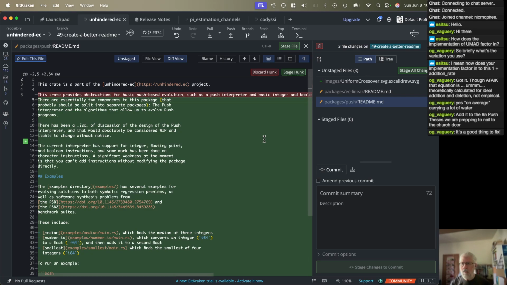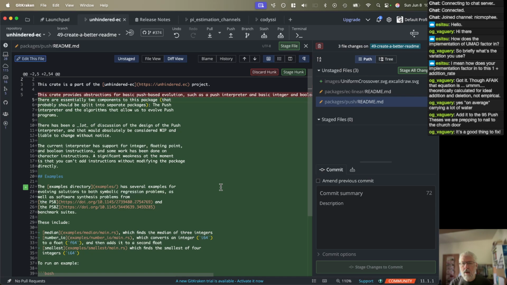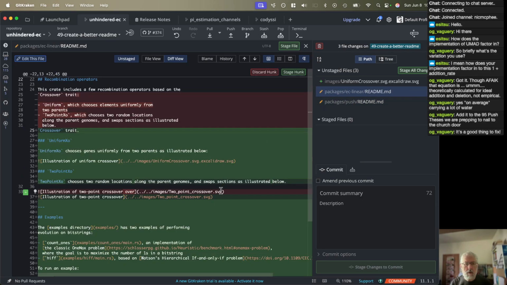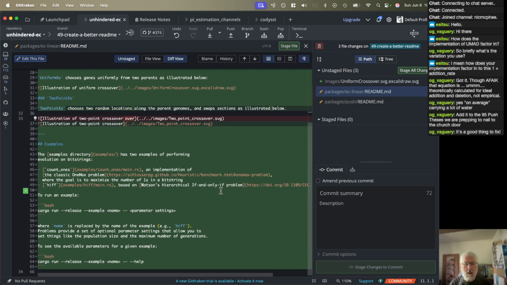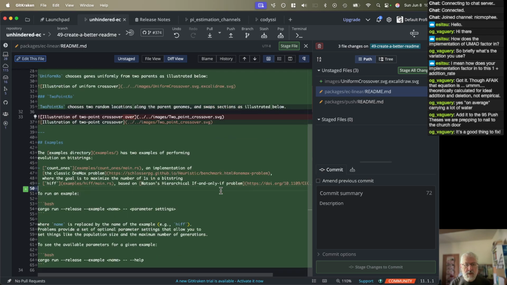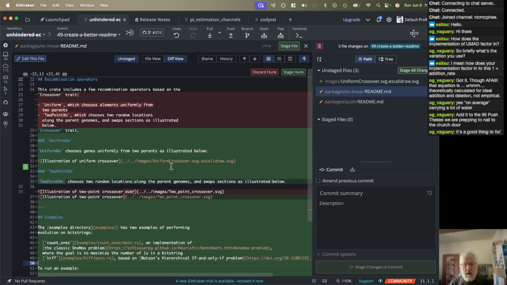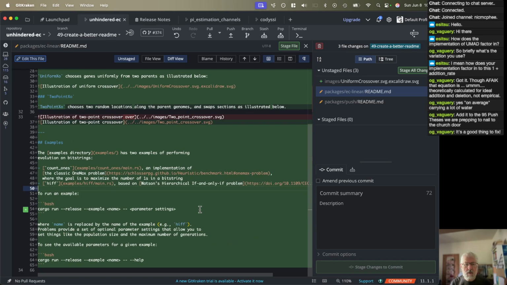So actually, pause for a moment while I commit some work that needs to be committed, which obviously I didn't get around to last week. So this was on the push readme. What did we do on the EC linear readme? Oh yeah, we introduced the examples section, and added the uniform crossover illustration.